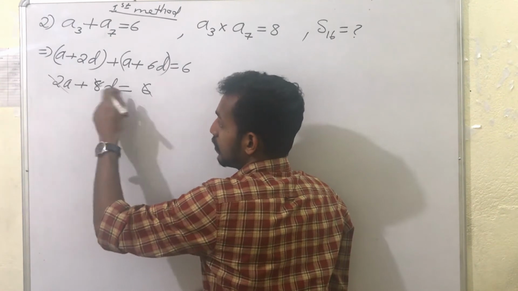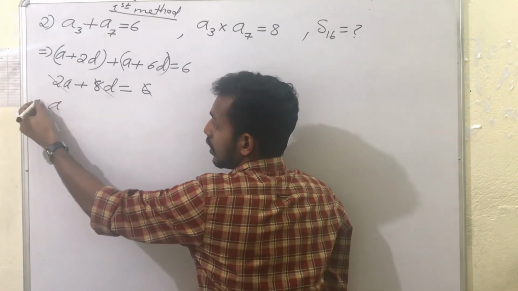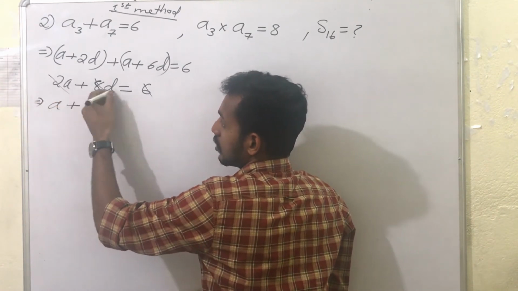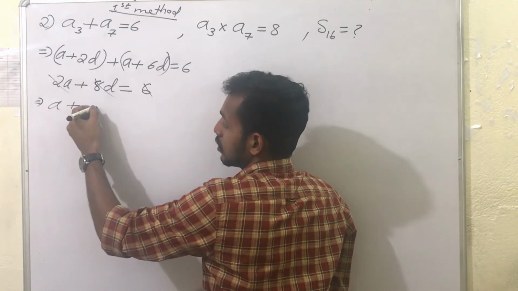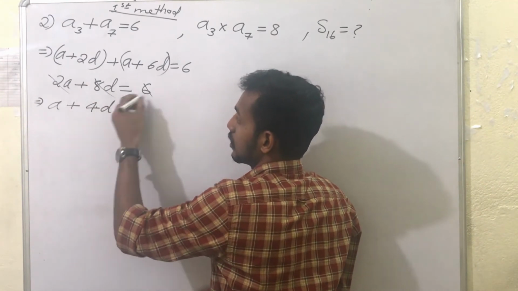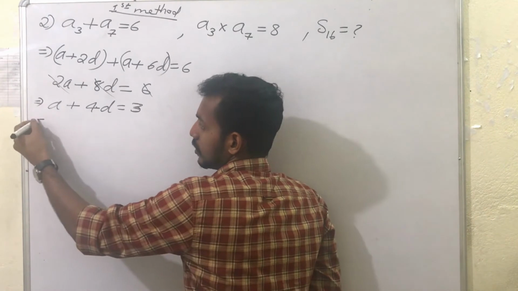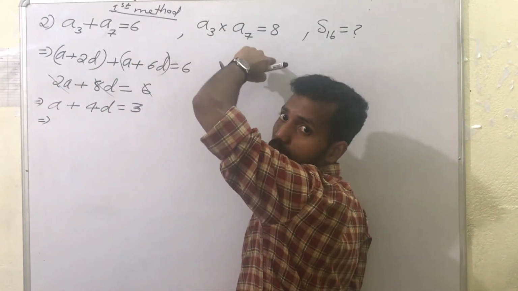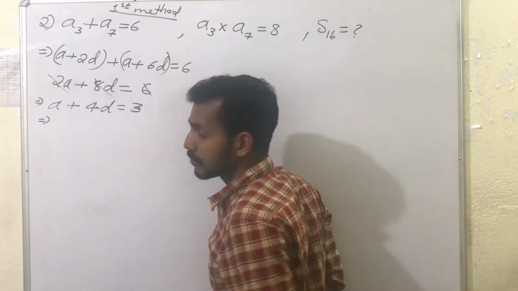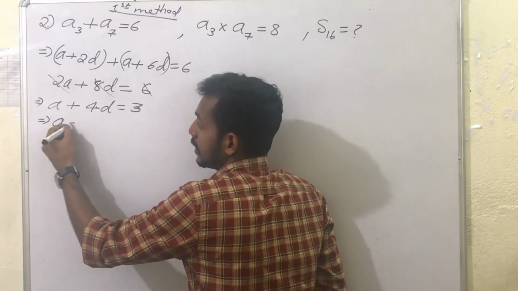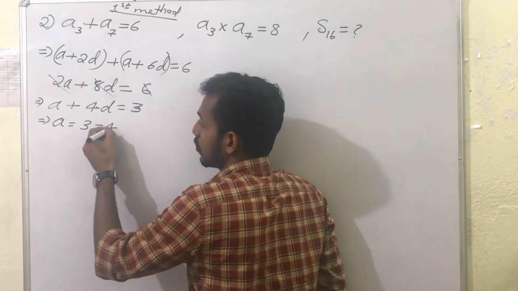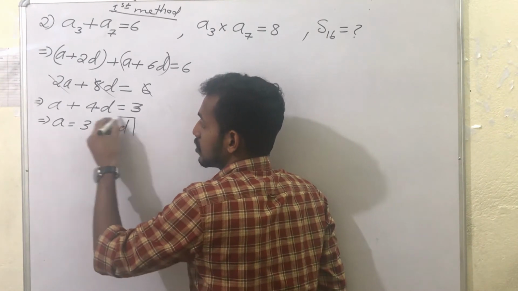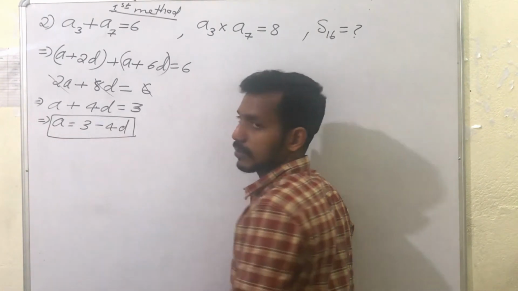What will we get? A plus 4D is equal to 3. Then we need to substitute the value of A, then only we will get the common difference. So for that we need to write A in terms of D, that is 3 minus 4D. We have written A in terms of D.